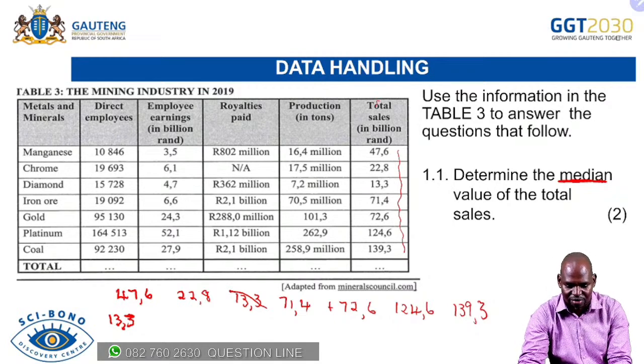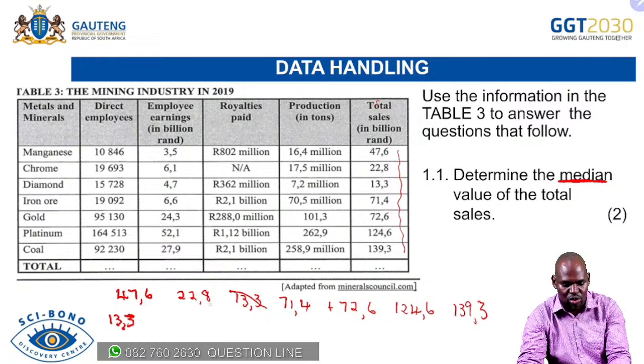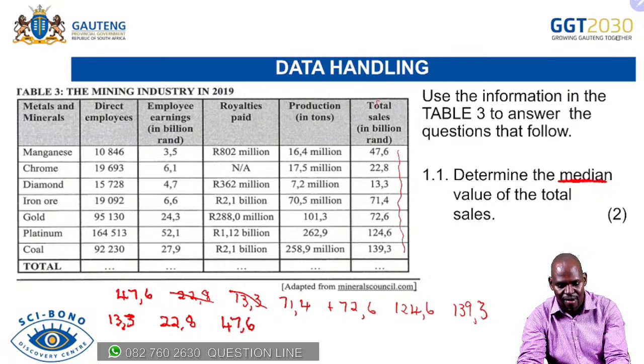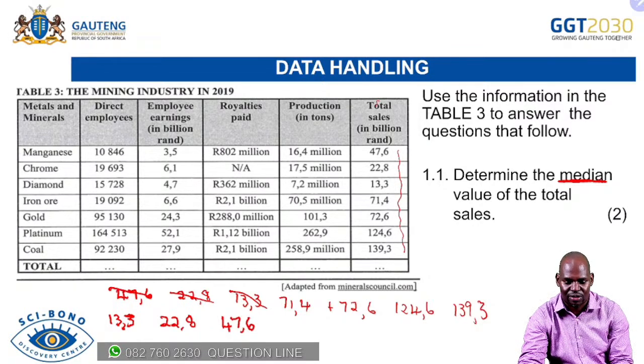The next one after 13.3, we check 22.8. Then we can just cancel 22.8. Then after 22.8, we've got 47.6. We can just cancel 47.6.